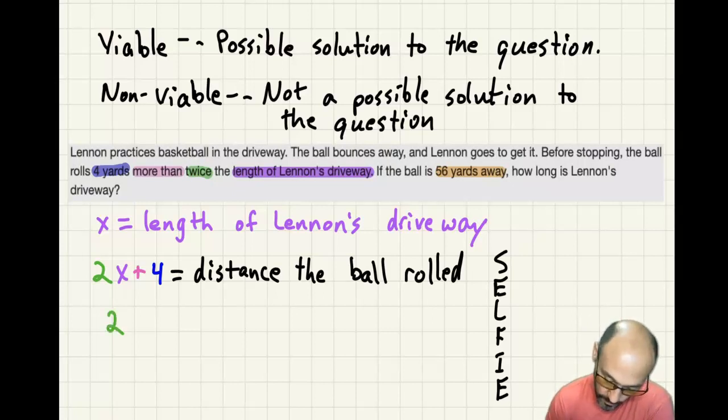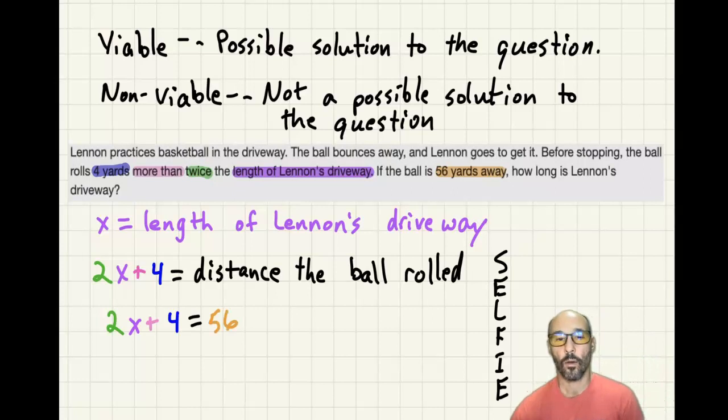So we have 2 times x plus 4 equals 56. So that's how we're going to set up an equation.